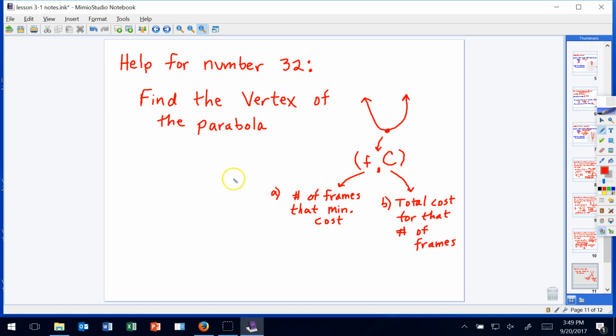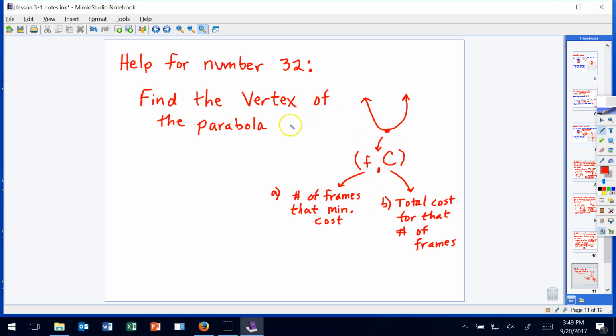And then I don't want to work this out completely. I just wanted to give you some guidance on number 32, this word problem. What this amounts to is basically the same thing. They give you a function. I think it's already in standard form. If it's not, you can rearrange it so that it's quadratic term first, linear term second, then constant.